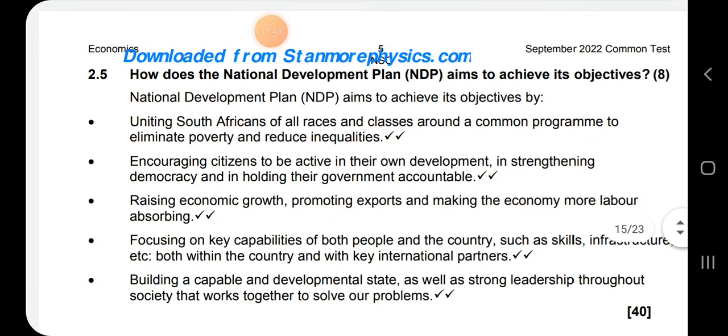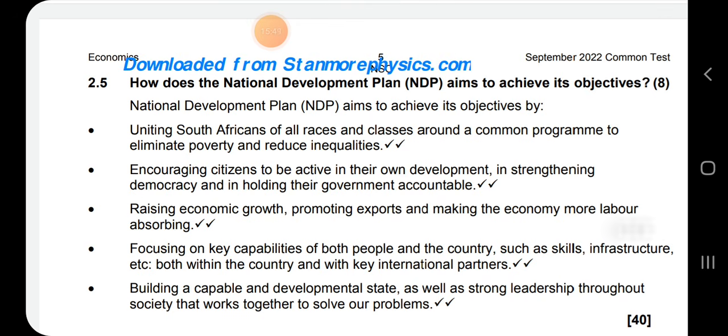And then how does the National Development Plan aim to achieve its objectives? The NDP, National Development Plan.